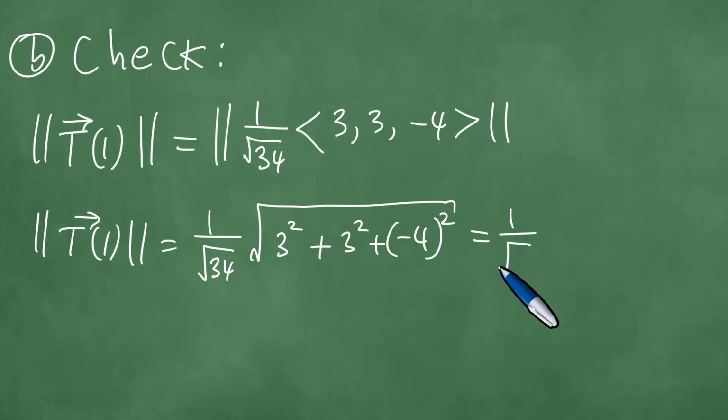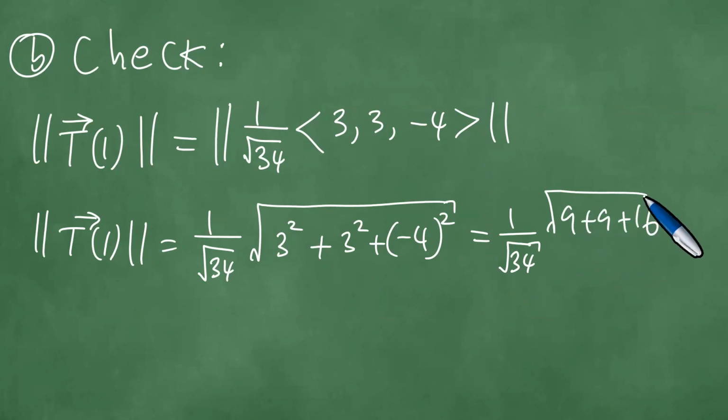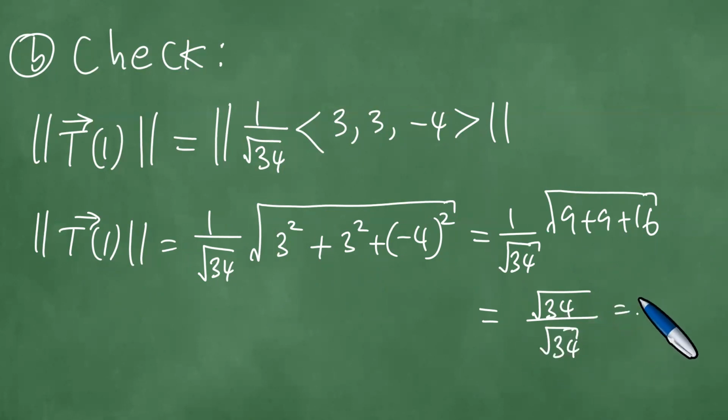And what is the square root of these? 3 squared is 9 plus 9 plus 16. And this is exactly the square root of 34 because 9 plus 9 is 18, and 18 plus 16 is 34. Divide by the square root of 34, and the result is 1.